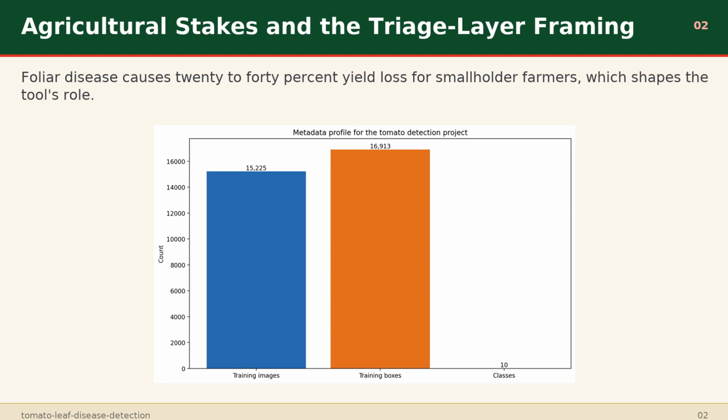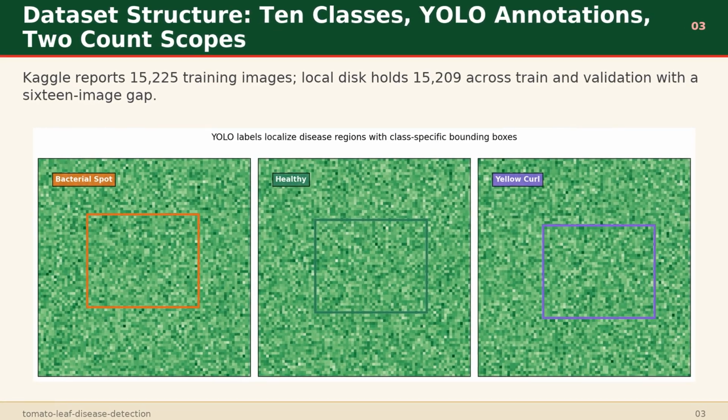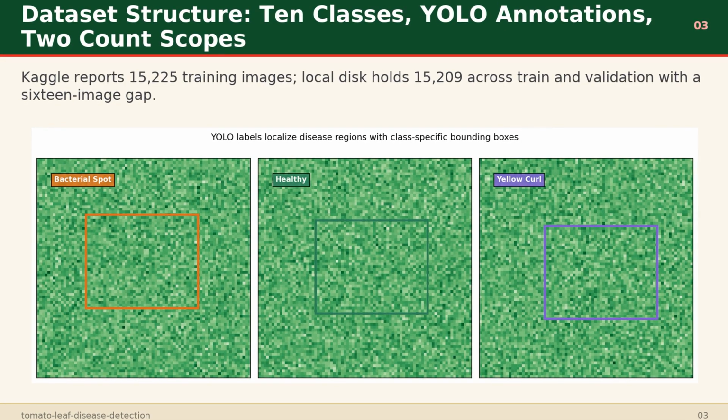The dataset was pulled from the Kaggle repository YOLO-annotated tomato leaf disease. Count scopes are maintained without smoothing because reconciling them is part of the deliverable. The Kaggle metadata summary reports 15,225 training images.